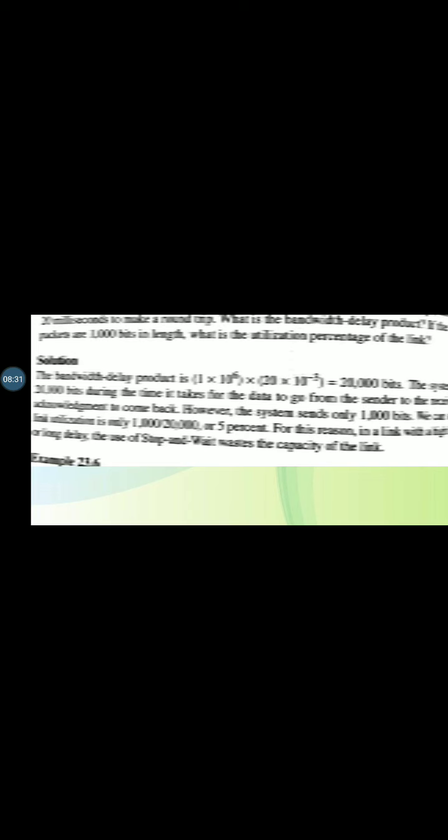However, the system sends only 1000 bits. So we can say that the link utilization is only 1000 divided by 20,000 or 5%. For this reason, in a link with a high bandwidth or long delay, the use of stop and wait protocol wastes the capacity of the link.